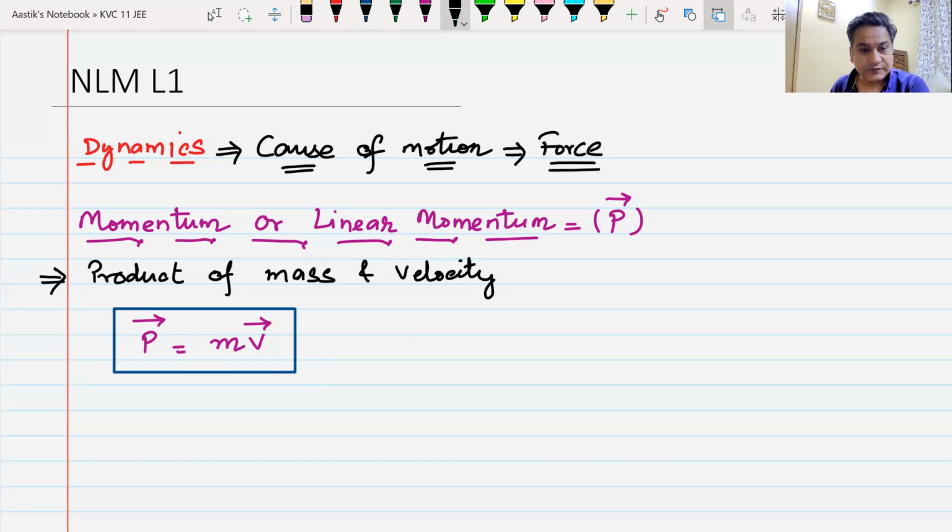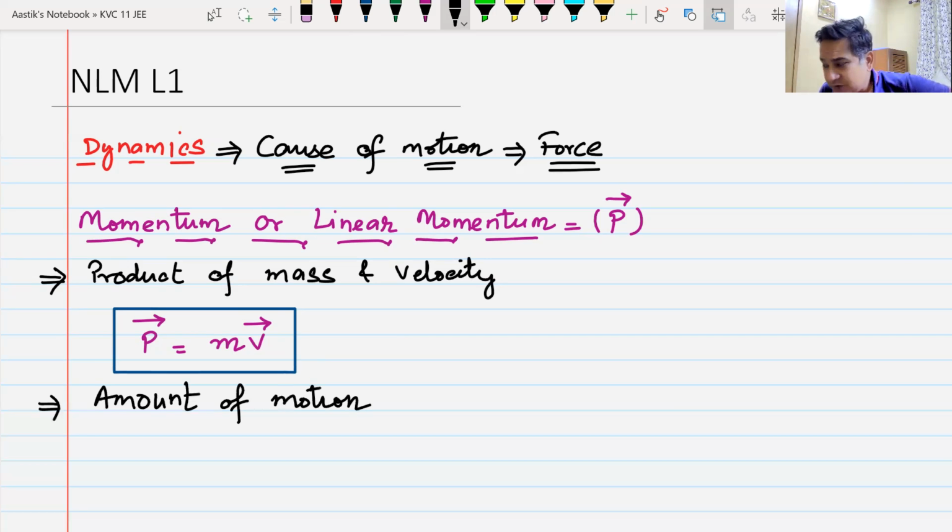Some people also prefer to call it the amount of motion the body has. How much motion the body contains. Momentum is a measure of that amount of motion, and it's the product of mass with velocity.